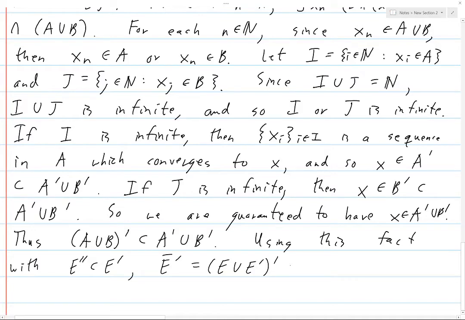But if you take any set and take its union with itself, you get itself. And so E closure prime is contained in E prime. And thus, combining that with E prime is contained in E closure prime, we have E closure prime is equal to E prime.